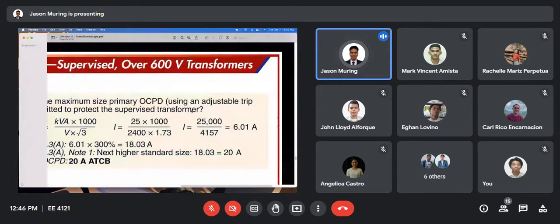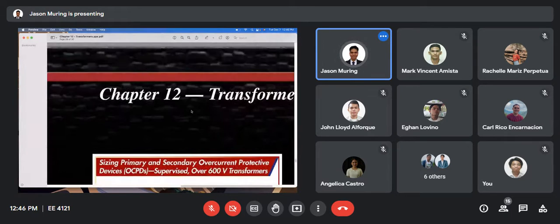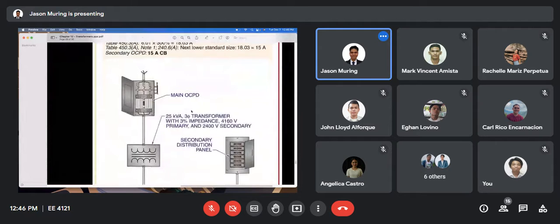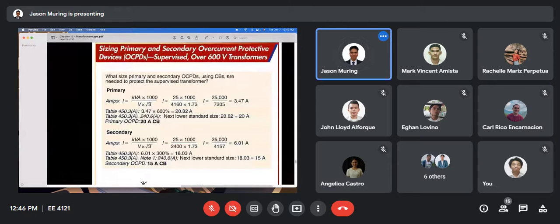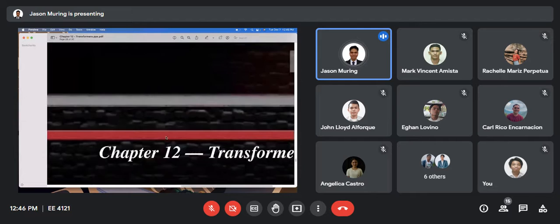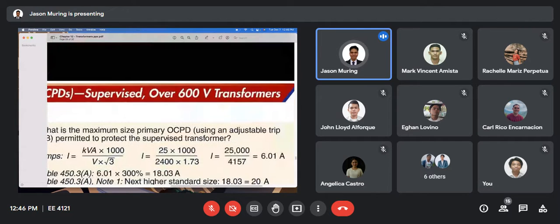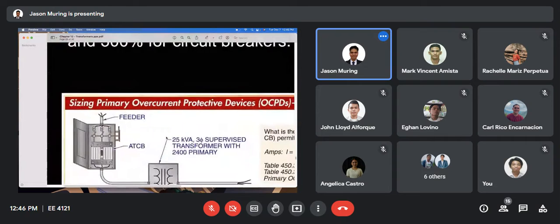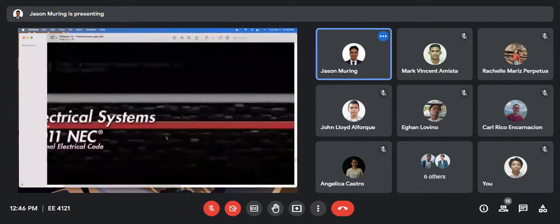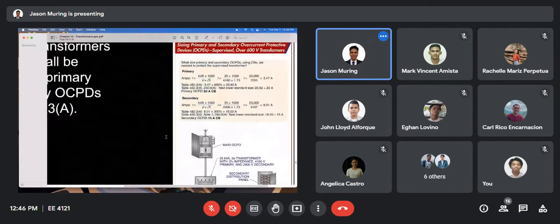This is next lower, and this one next higher. Supervised, then this is also supervised. So what's the difference?